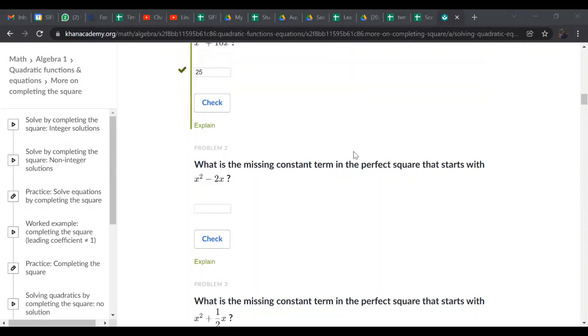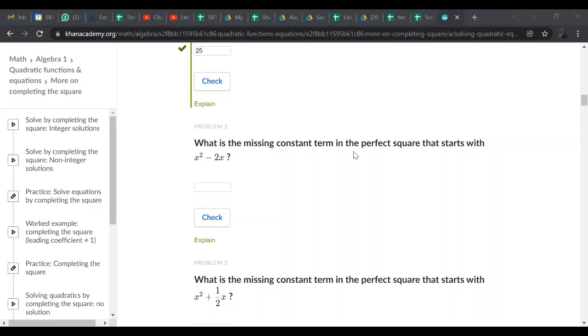Maybe for the next one, Dikshit can try. X square minus 2x is there. Minus 1.